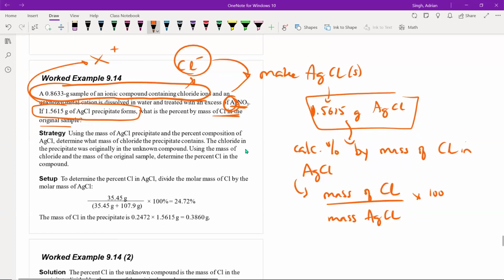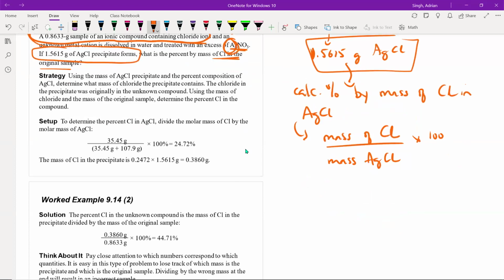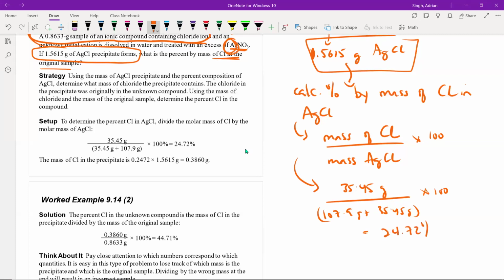And again, we can just assume 1 mole of this to make the calculation easy. So the mass of Cl there, look it up on the periodic table, it's 35.45 grams. The AgCl is Ag, which is 107.9 grams, plus the Cl, 35.45 grams, times 100. Okay, this would give 24.72% the mass of chloride in silver chloride.